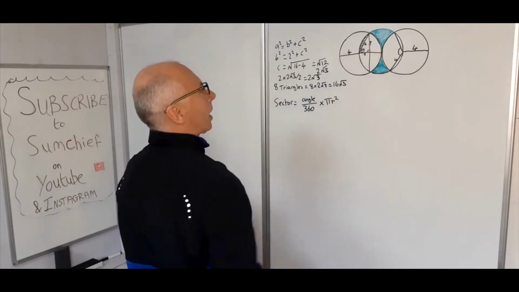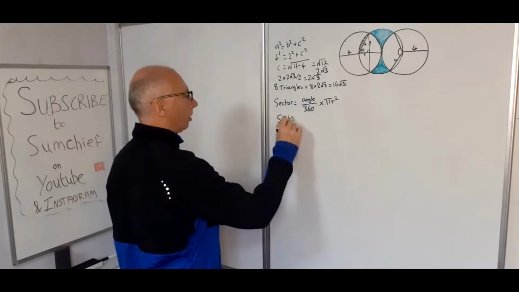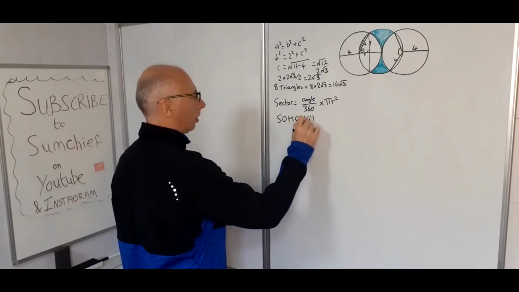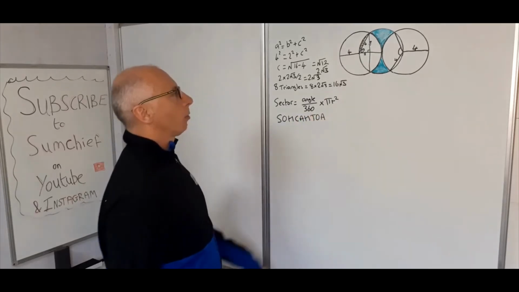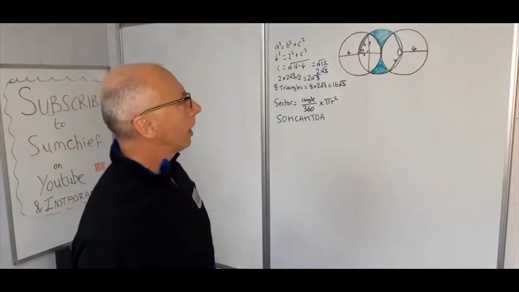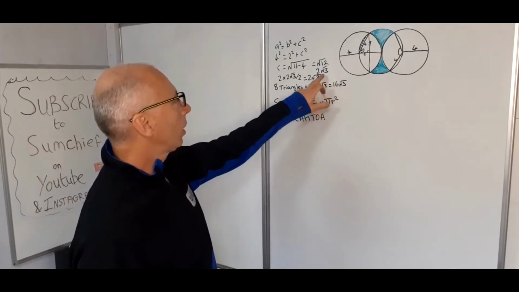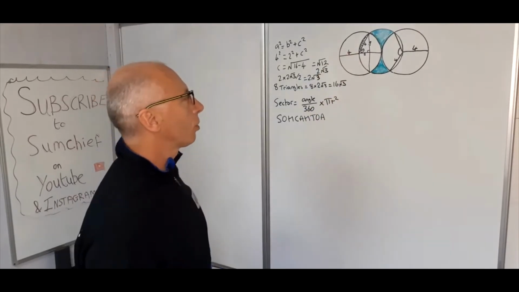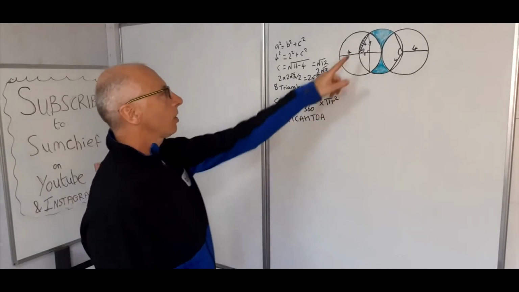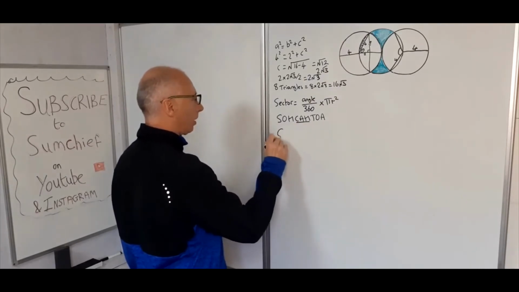So how are we going to find this angle? Well, CAH TOA would be a good start. So what have we got? We've got the adjacent and we've got the hypotenuse. They look like the easiest numbers to work with, as they're 2 and 4. To work with the 2 root 3 could be a little bit tricky. So adjacent and hypotenuse, straight away we're seeing cosine.